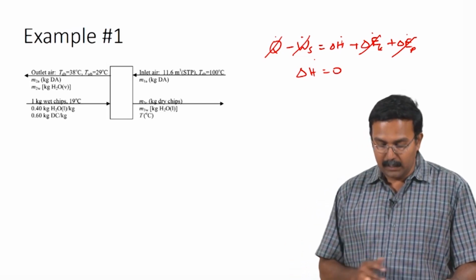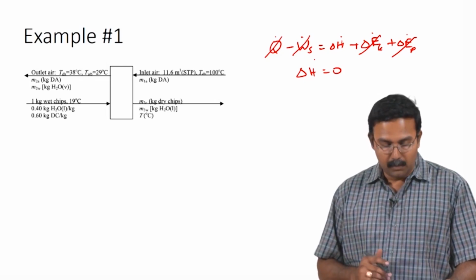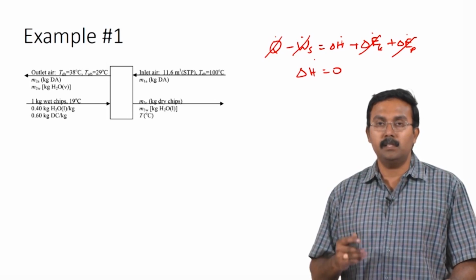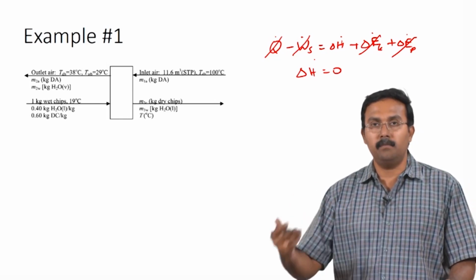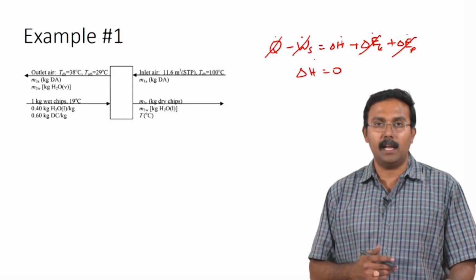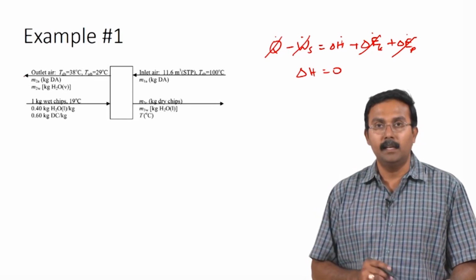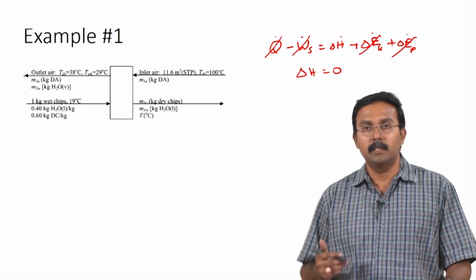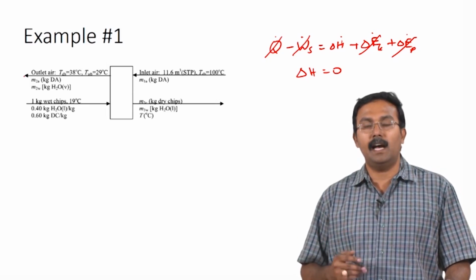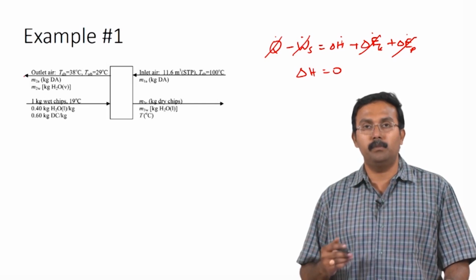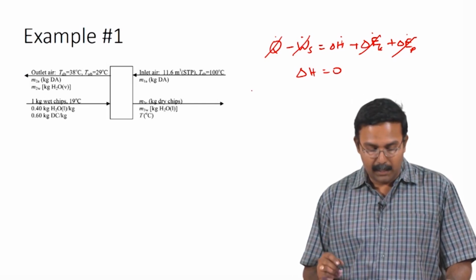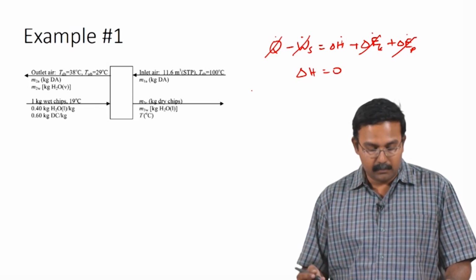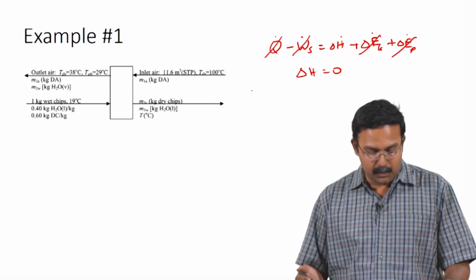So, let us start writing the enthalpy table, before which we will have to identify the reference states. Since we are using the data from the psychrometric charts for the enthalpy of the exit stream, which is outlet air, we should use the reference states from the psychrometric chart only. The reference state for dry air and water vapor would be dry air and water liquid at 0 degrees Celsius, and I have also used dry chips at 0 degrees Celsius.